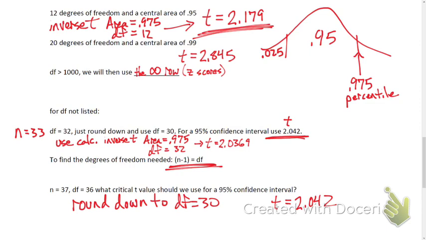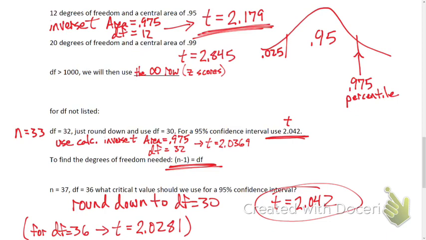Likewise, if you have 36 degrees of freedom, you get a t-score very similar at 2.0281. But you don't have to do it this way. Just use the table. It's just some people get bugged by that and they want it more precise. One other thing to note, you might write this larger than I can write here. This is for confidence intervals.